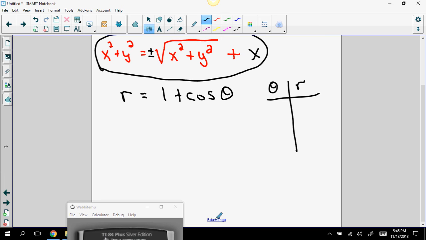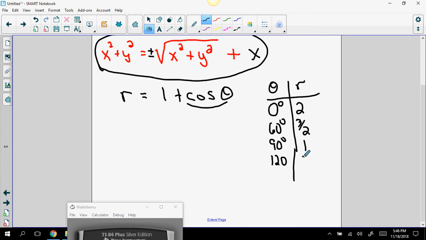Now you just pick the nice angles, like 0 degrees. Cosine of 0 is 1, and 1 plus 1 is 2. Now, 60 degrees is good, because cosine 60 is 1/2, so I get 3/2. 90 is good. Cosine 90 is 0 plus 1 is 1. 120 is good.